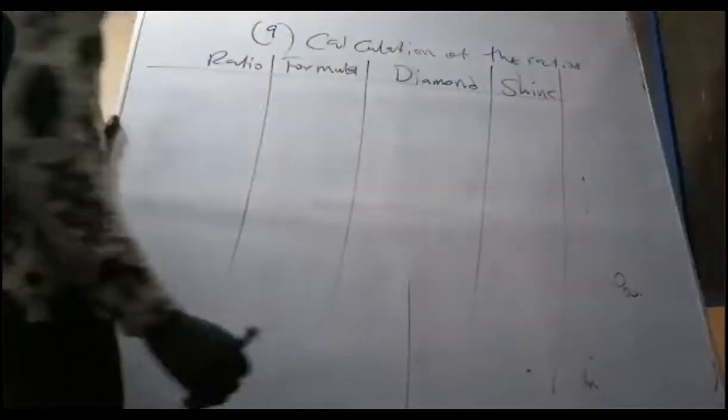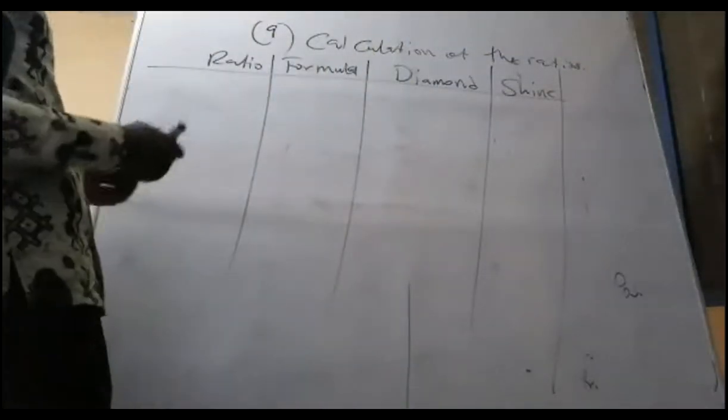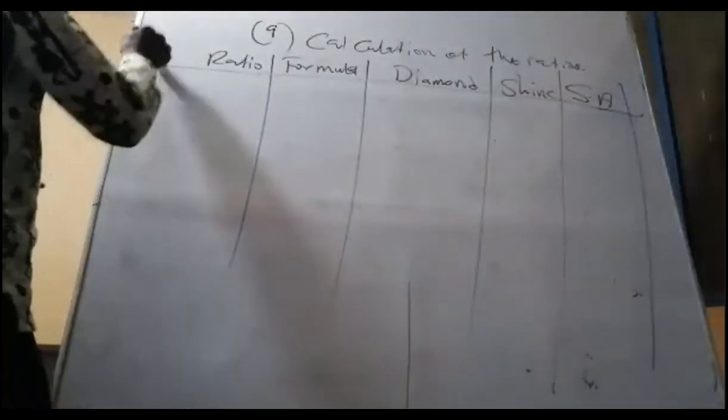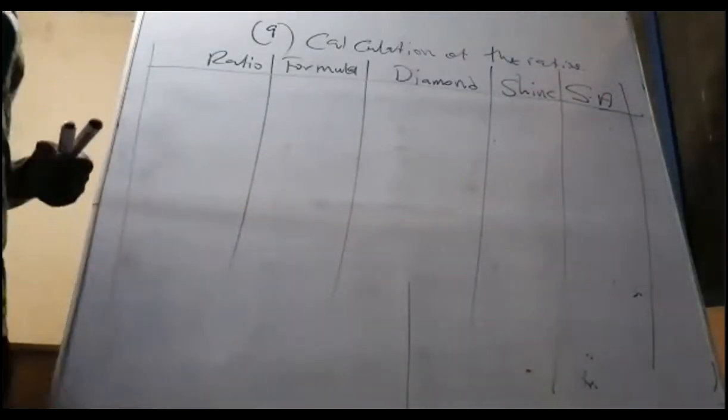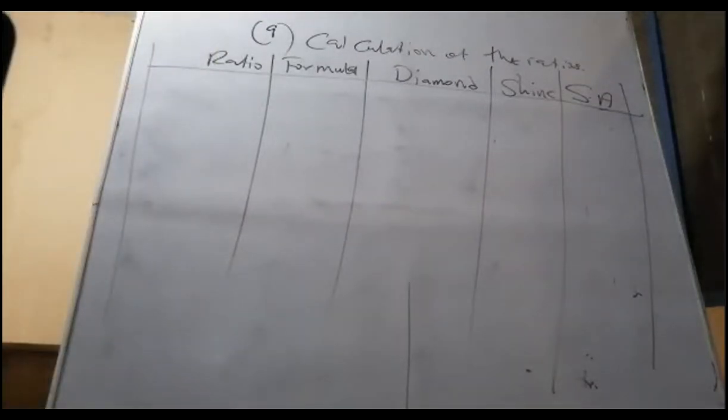The next one should talk about Shine. You are done. The next column, if you do have space, in fact, I must bring it: the sector average, or industry average.